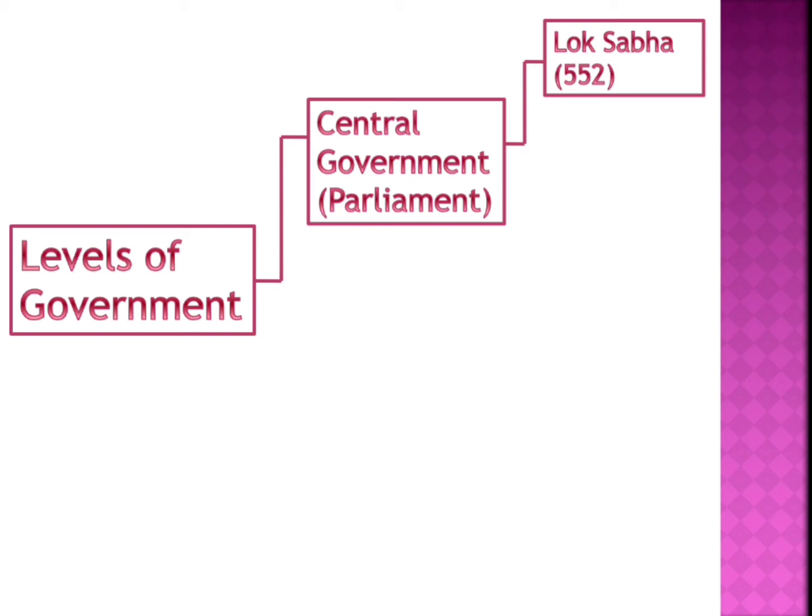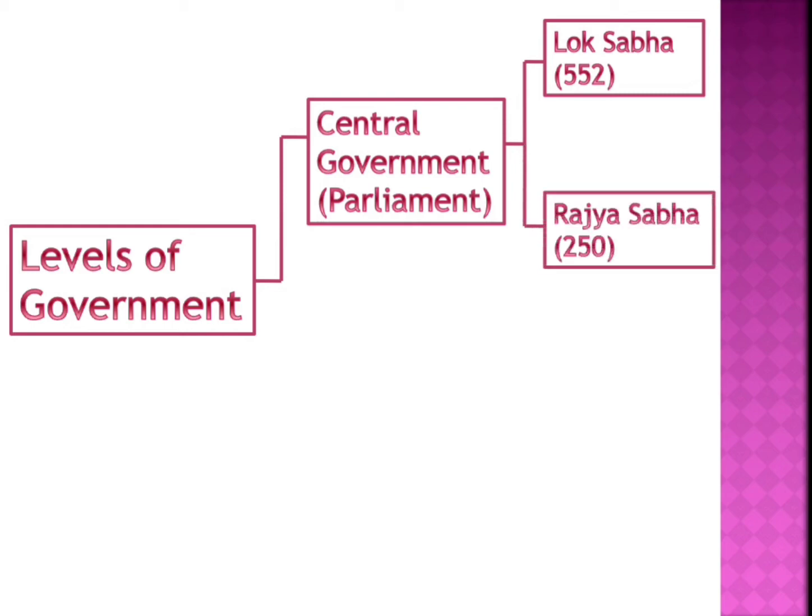And after discussing what are the minus points, how can we make it positive, how can we rectify the issue for the people who are suffering, they discuss in this Lok Sabha. After making sure that the law will benefit all the people, it is passed on to the second house, which is Rajya Sabha, and in this there are about 250 members, children. After the law is accepted by the Lok Sabha, it will be passed on to the Rajya Sabha.